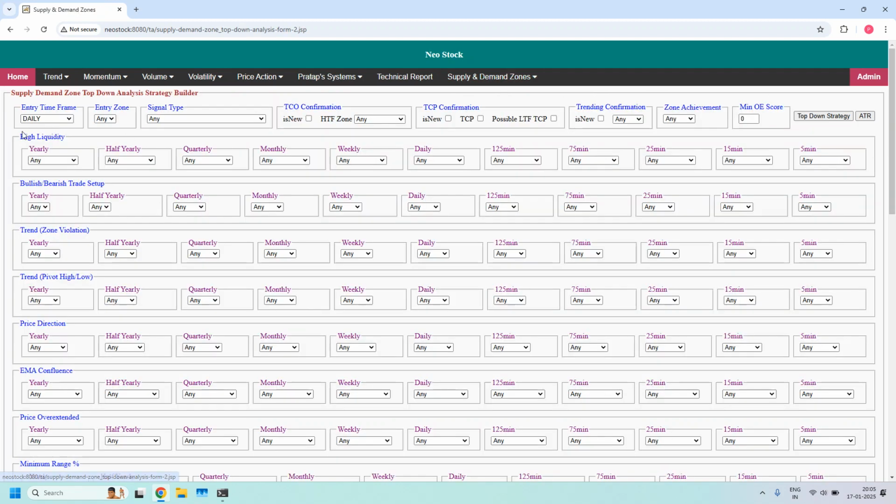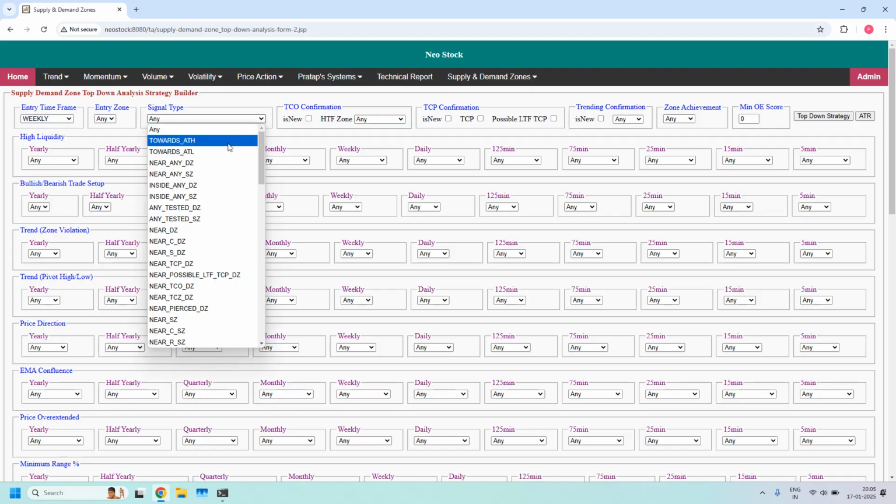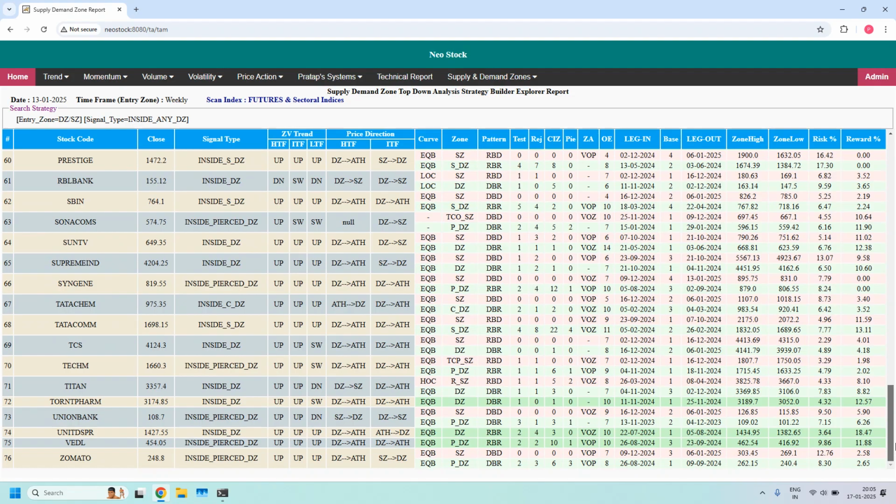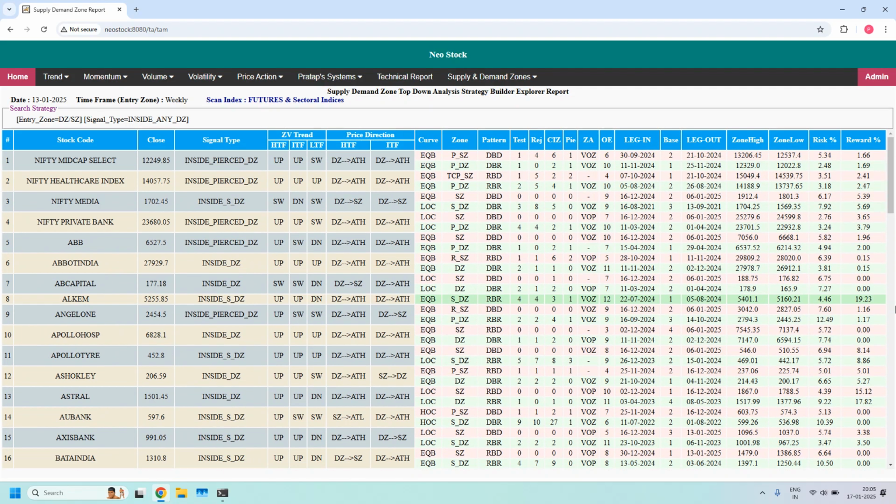Next, weekly time frame. Price closed inside the weekly demand zone. We got a big list. So total 76 stocks are filtered. Out of 76, you are seeing the first 16 stocks in the list.